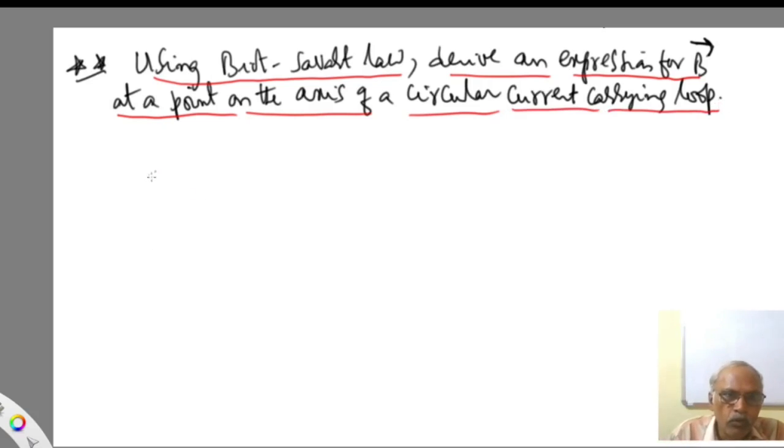Okay, now we take one loop. For example, this is one plane surface like this.